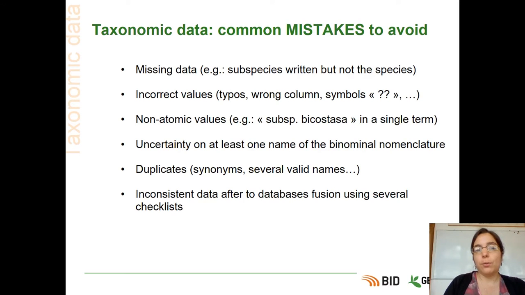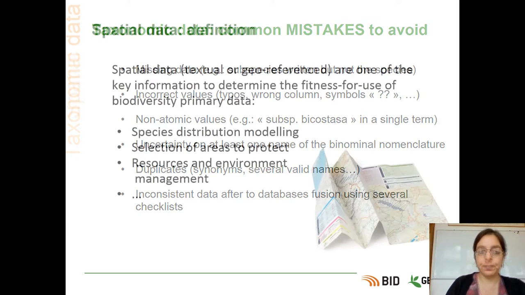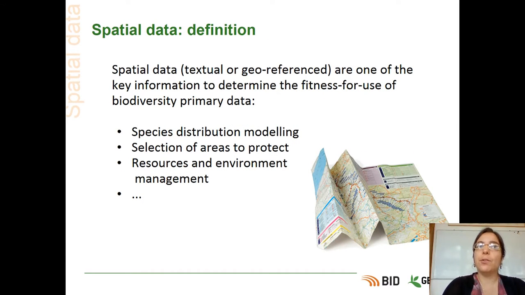And you can also find some inconsistent data after databases fusion or when using several checklists. So here again, you have to be sure that you only use one referential for each of your data, and that everything is consistent and congruent. So after the taxonomic data, we can also deal with spatial data.